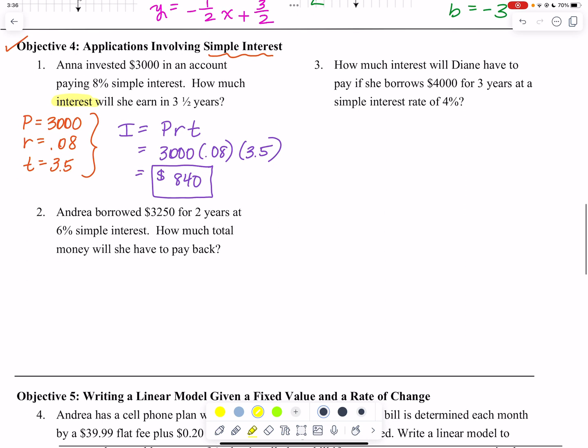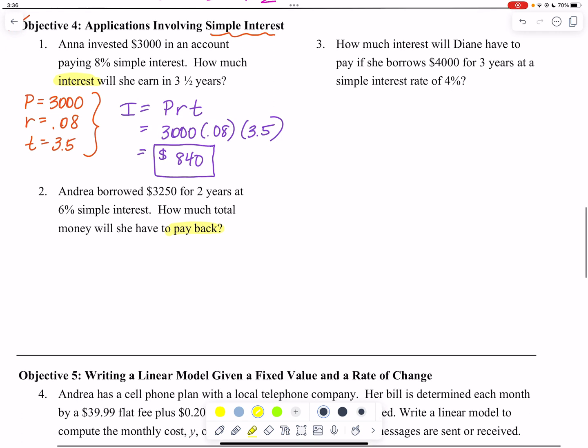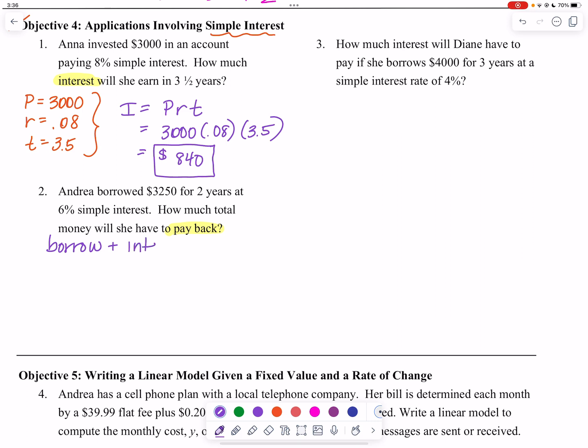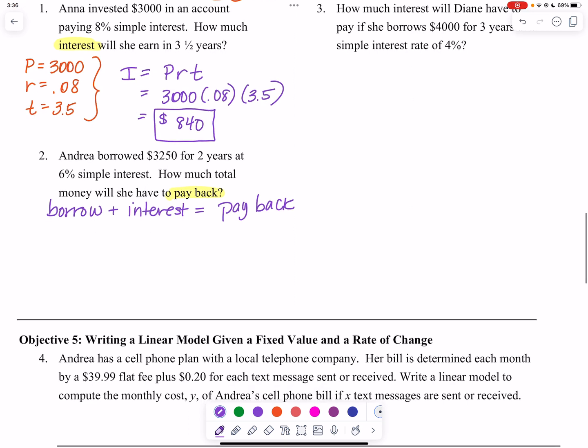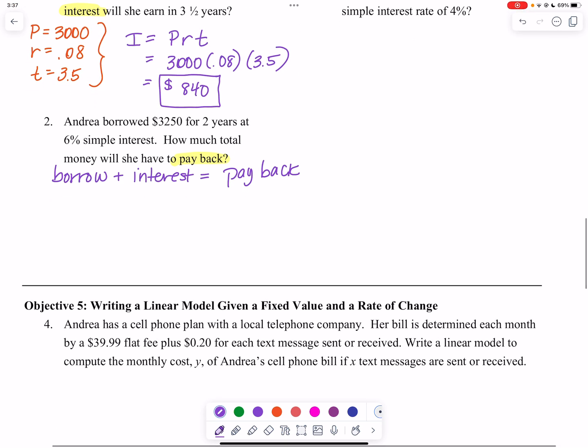In number 2, how much money will she have to pay back? Here we are going to talk about that we have to add how much she borrows plus the interest is going to equal how much she has to pay back. And in this case, we can use our combined equation, which is amount equals principal times 1 plus the rate times the time.